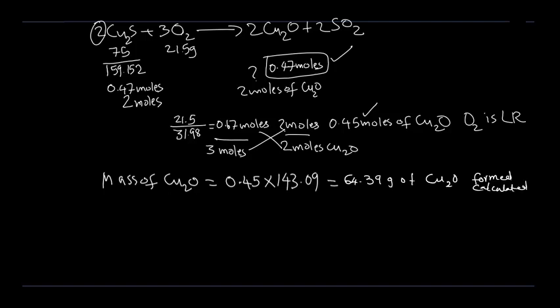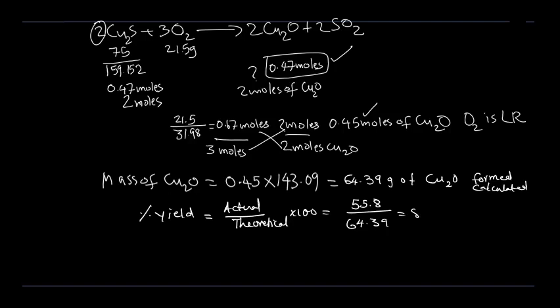Okay, and then we can calculate percentage yield. Actual yield divided by theoretical yield times 100 equals 55.8 divided by 64.39, which equals 86.65%.